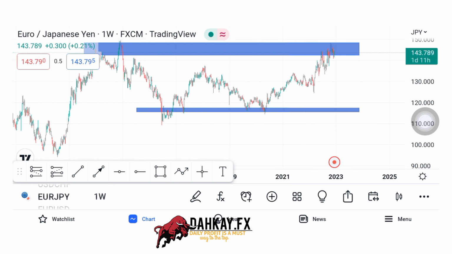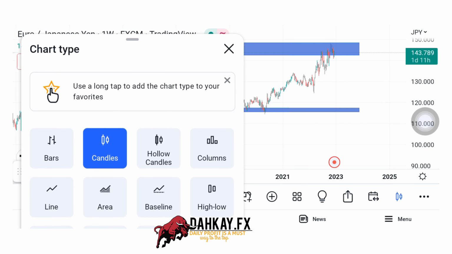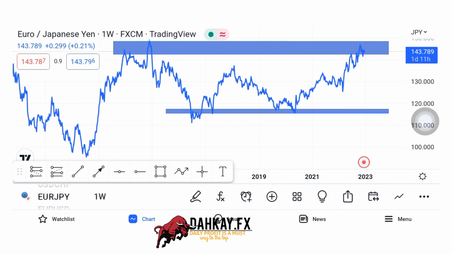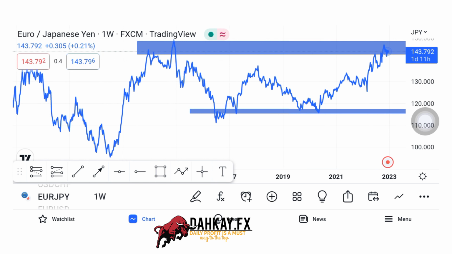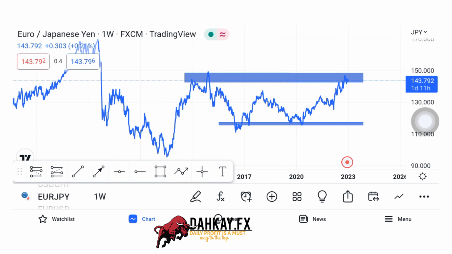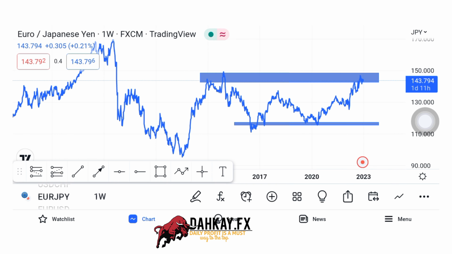And I already made a mistake, guys. I always encourage people to use a line chart because it shows the movements more clearly than the candlesticks. So let me switch to the line chart. Yes, you can see now that the market is way better than how it was on the candlestick chart.